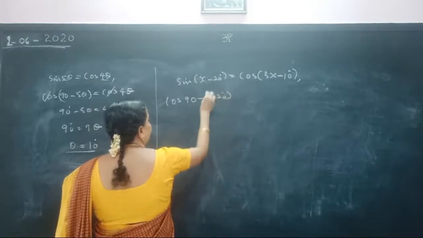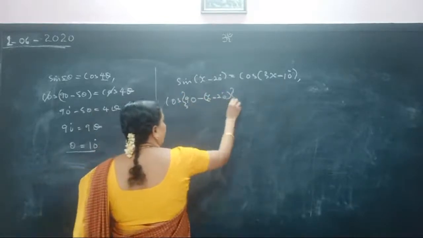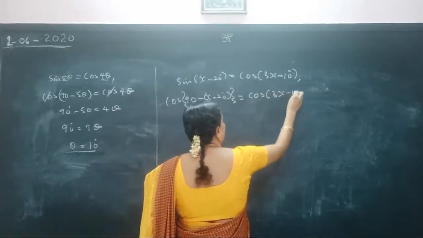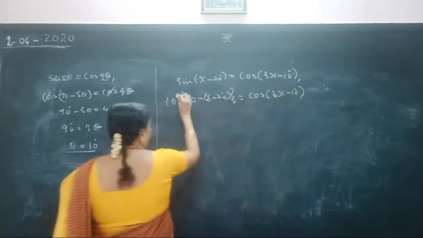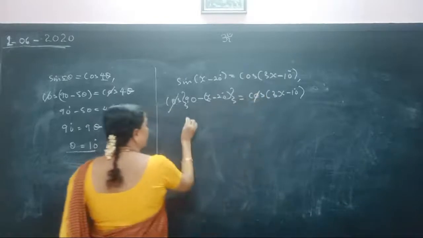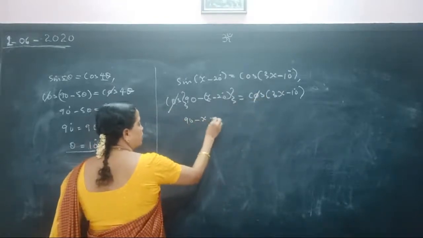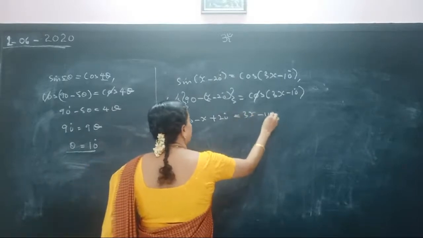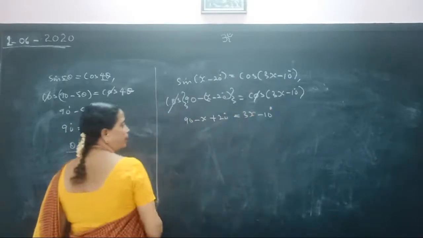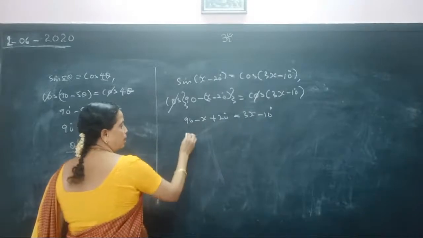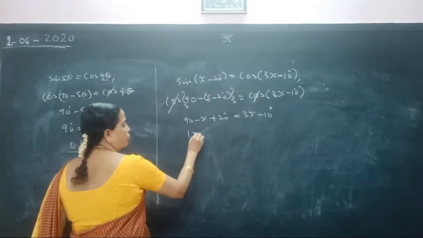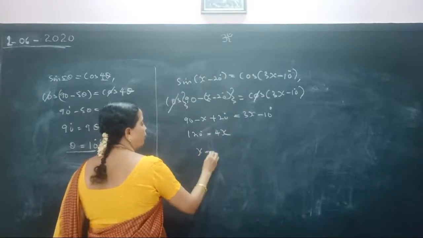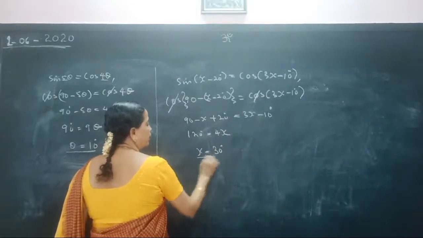Put this theta in the bracket, cos of (3x minus 10 degree), so that cos gets cancelled. 90 minus x plus 20 degree equals 3x minus 10 degree. 90 plus 20 plus 10, what will you get? 120 degree equals 4x. Therefore, the value of x is 30 degree.